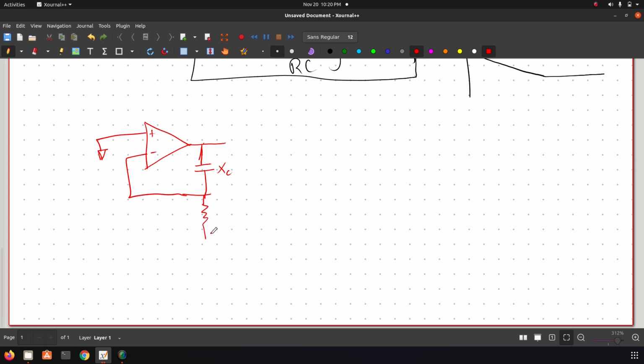Here is our input resistance Ri, and here we give the input signal Vi with respect to ground. So what's the problem here? The problem is with this Xc.